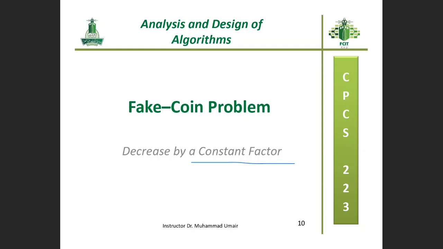Now if the number of coins is in the form of 2 raised to the power n, what does it mean? If the number of coins is 2, 4, 8, 16, 32, 64, 128, 256, then these values can be written as 2 raised to the power something. For example, 1024 can be written as 2 raised to the power 10.